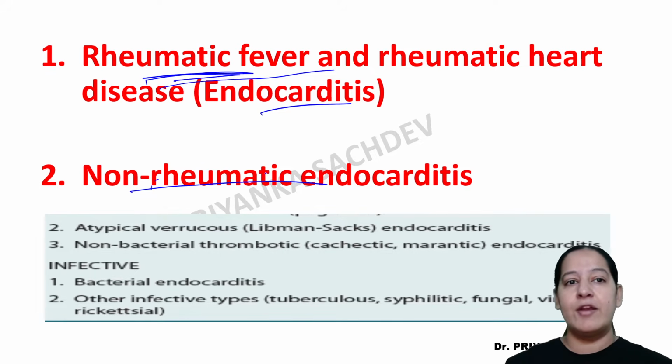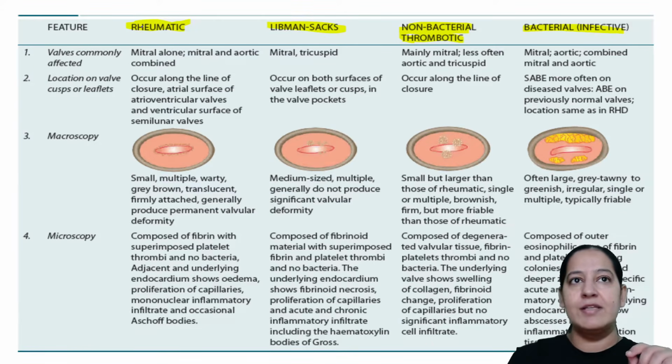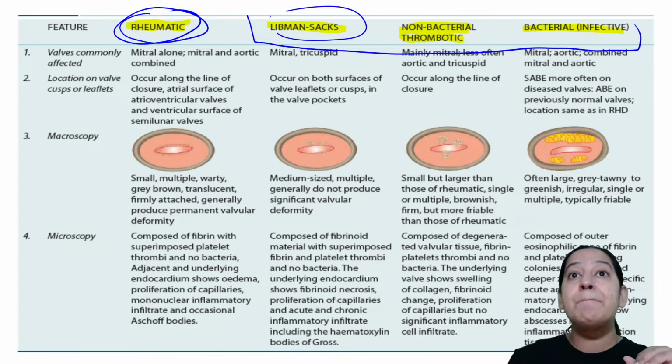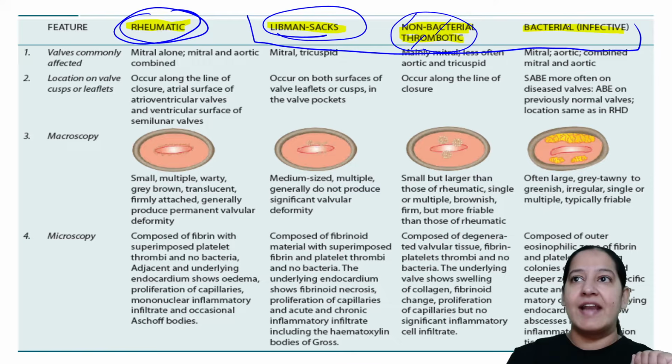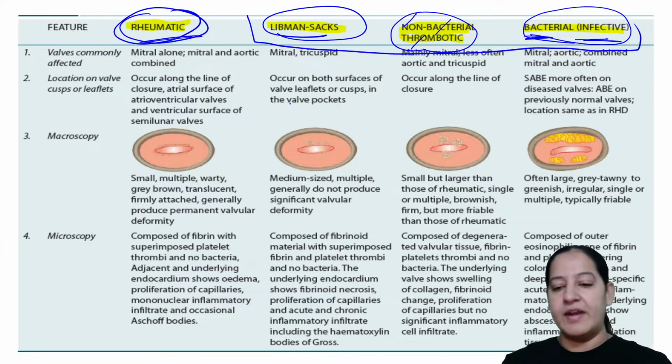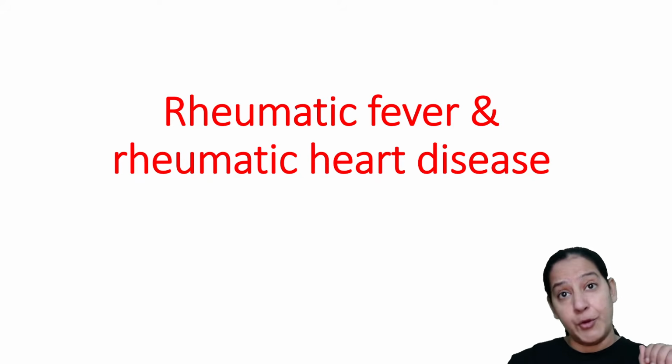The first is the endocarditis which occurs in SLE, known as Libman-Sacks endocarditis. The second is NBTE, non-bacterial thrombotic endocarditis. And the last one is infective or bacterial endocarditis. So I am starting with the first type, that is rheumatic endocarditis.